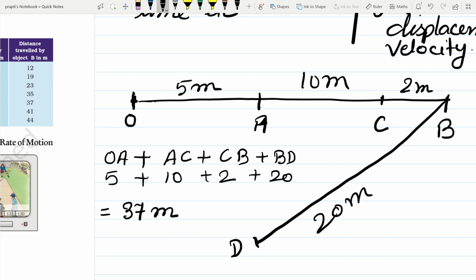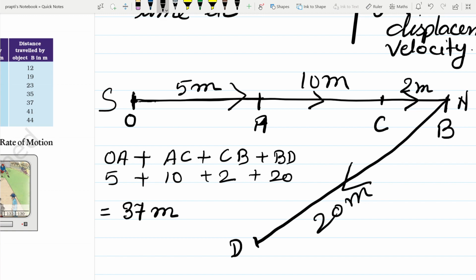But we see that from O to A, the object is moving in a particular direction, say north, and this is south. Then A to C again north, C to B again north, but from B to D it changed its direction, and so the distance remains the same, but displacement is a quantity which requires direction as well as magnitude for its description.